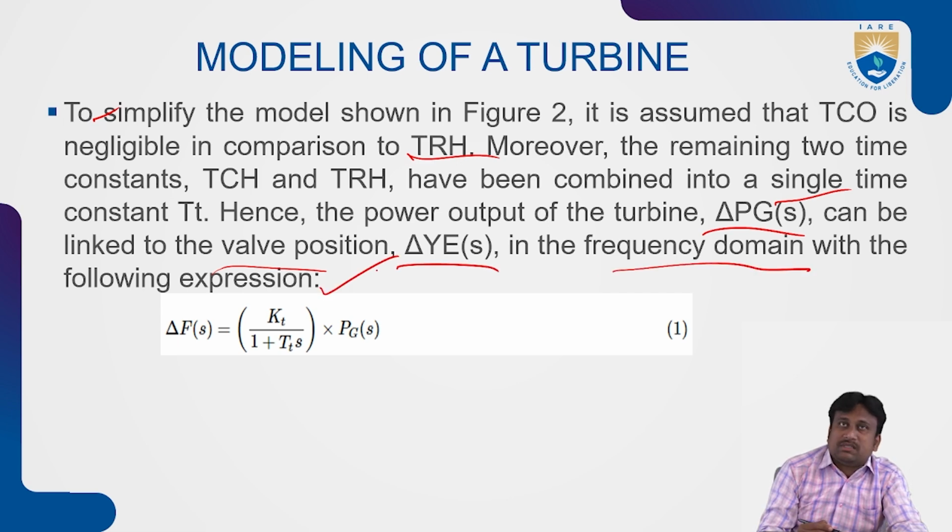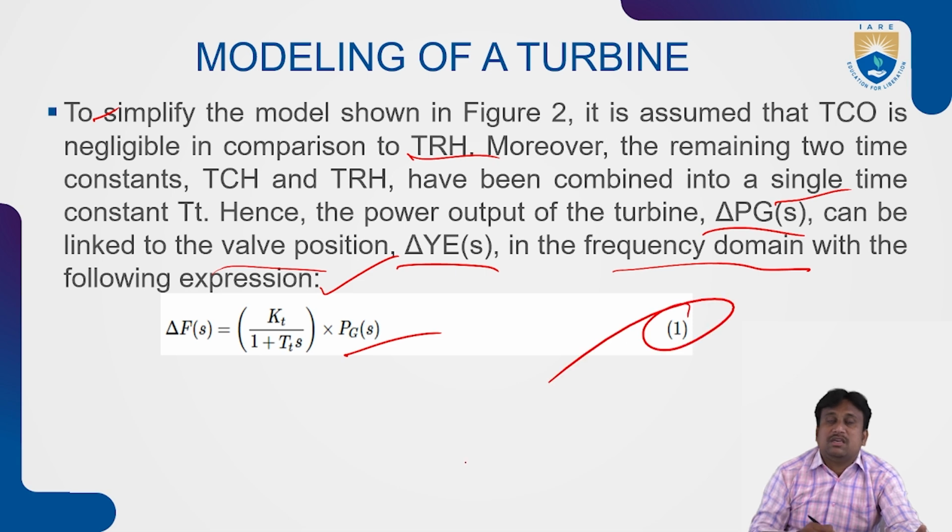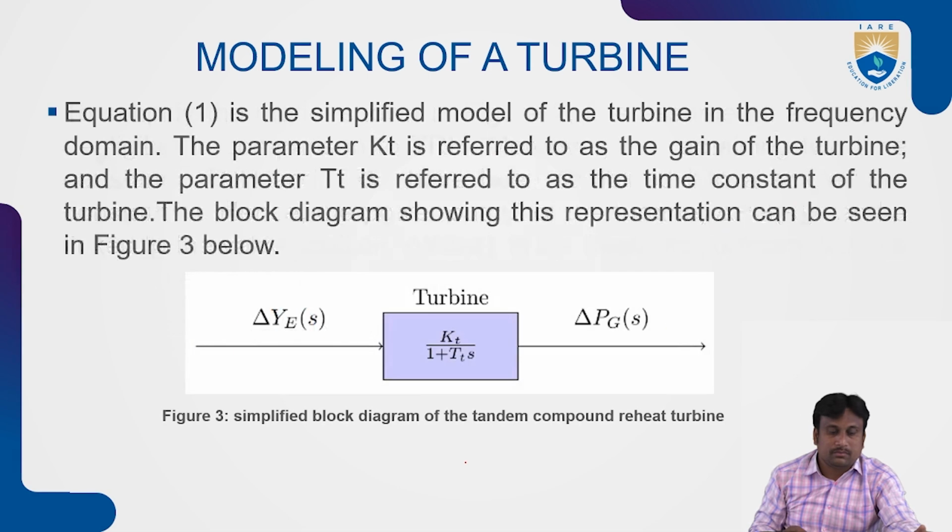So it will be represented with a simple expression, delta PG of S equals KT by 1 plus TT of S into delta YE of S, which may be treated as equation 1. So here the first expression is representing the simplified model of the turbine in the frequency domain.